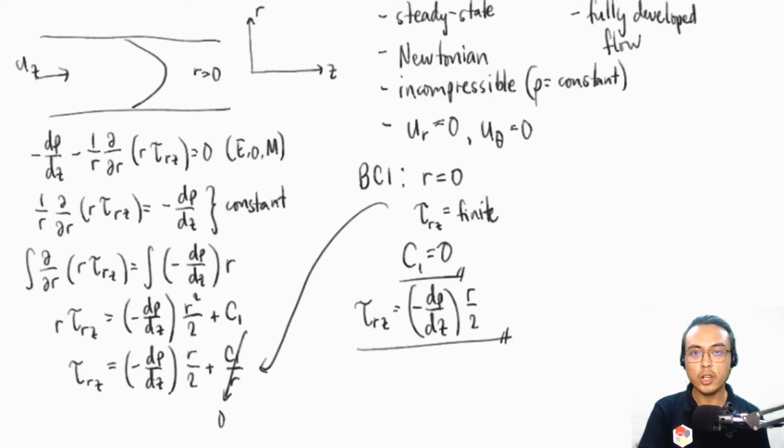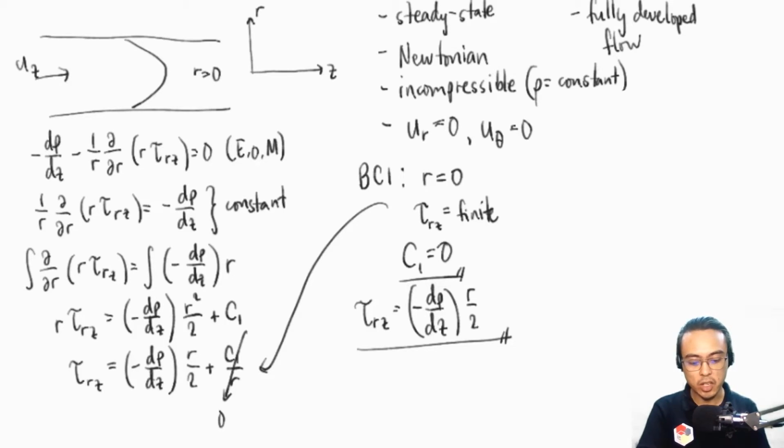With this equation, we now have the shear stress profile of the flow. And basing on the characteristics of this equation, the shear stress profile is linear because the shear stress is directly proportional to the position r. So therefore, the larger the value of r, the larger your shear stress would be.